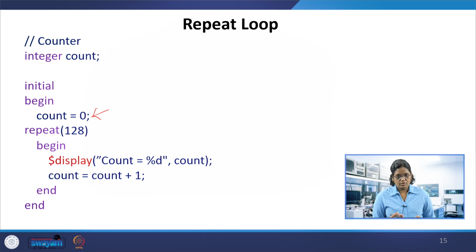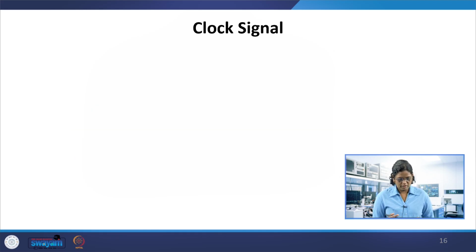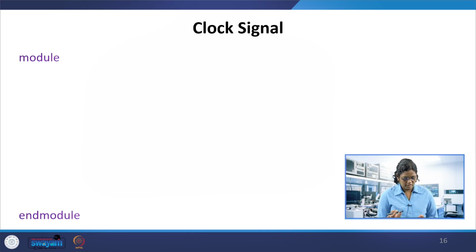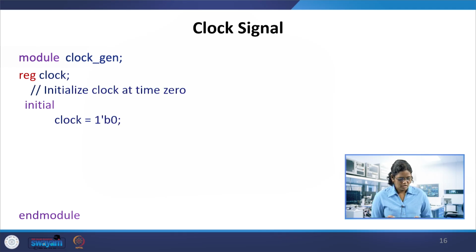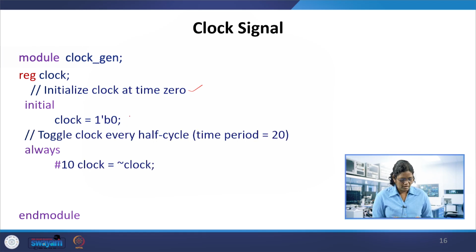So these are the for loop, while loop, and repeat loop, and then how do we generate the clock signal using the forever loop. Module clock generation, we can say reg clock, and initialize this clock at time 0, that is t equal to 0: initial clock is 1 bit 0. Then you can use the always block for the toggle, and we'll go to the forever also.